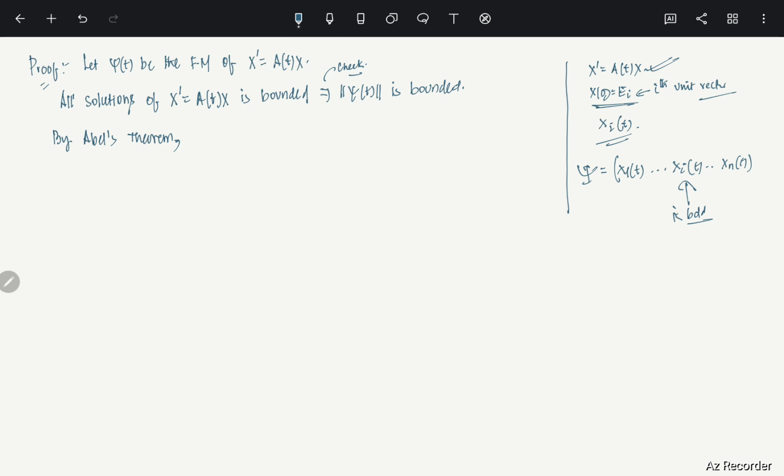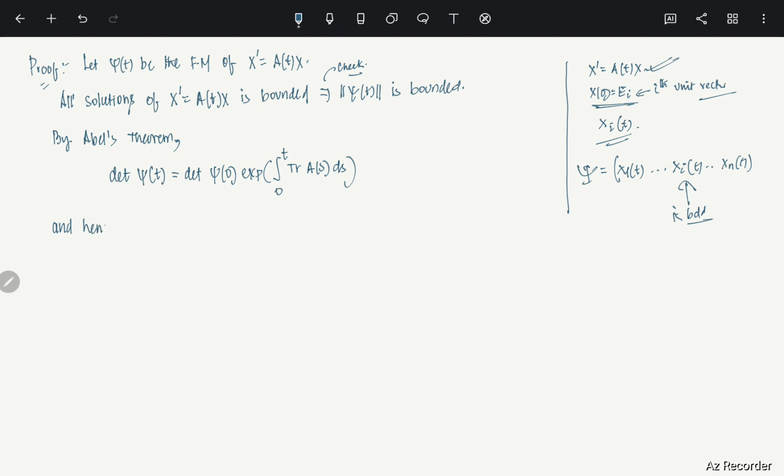By Abel's theorem, if you take the fundamental matrix, the determinant of phi(t) is nothing but the determinant of phi(0) times the exponential of the integral from 0 to t of the trace of A(s) ds. This is direct from Abel's theorem.